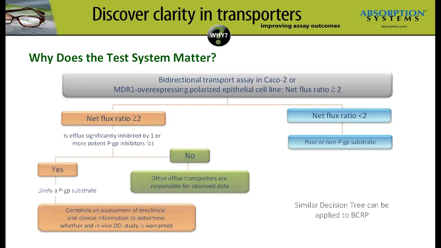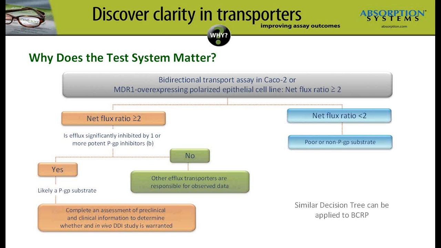The decision tree about whether the compound is a PGP substrate or not is really straightforward. If the compound has an efflux ratio in either system greater than 2, then yes, the compound may be a PGP substrate. The next step is to challenge the compound with a specific PGP inhibitor.